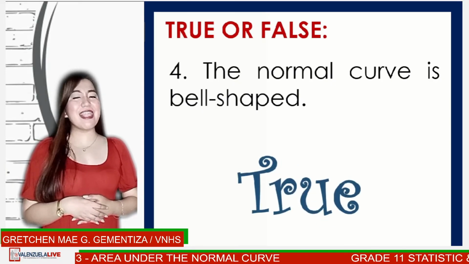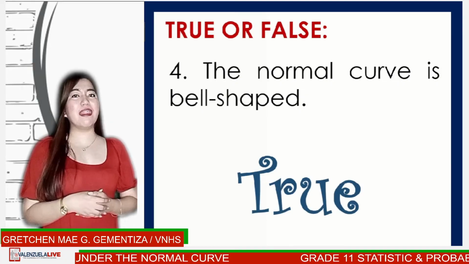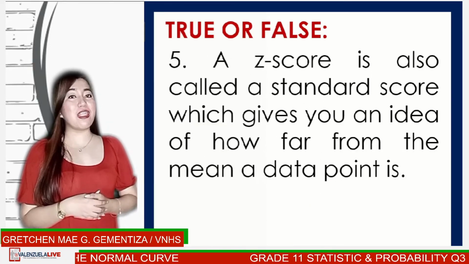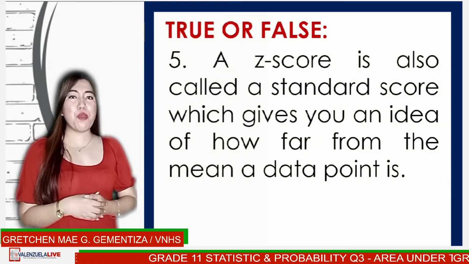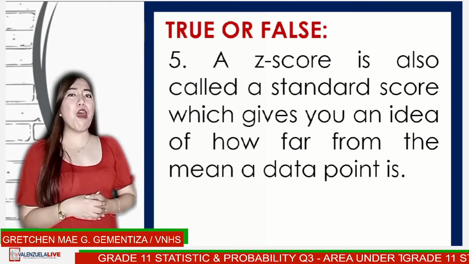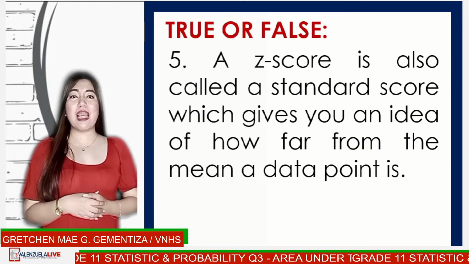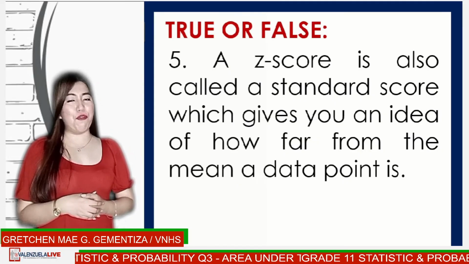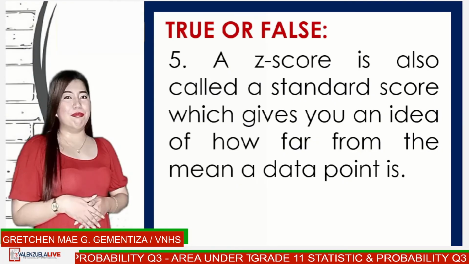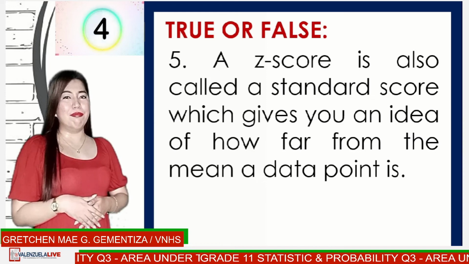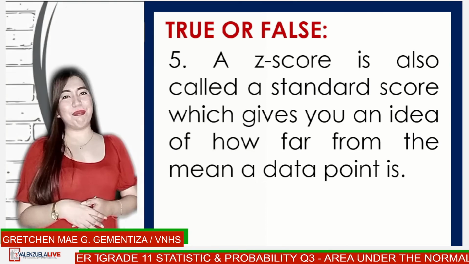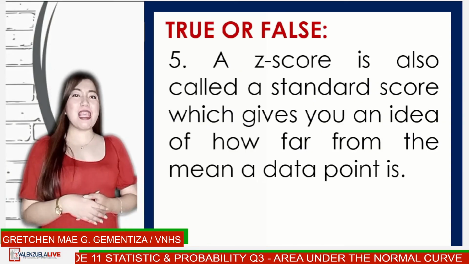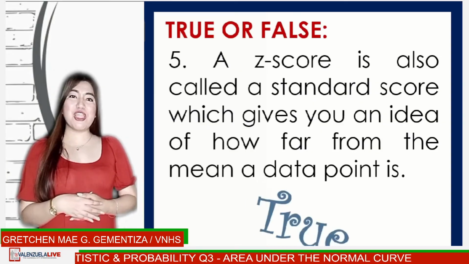And last, number 5 statement, a z-score is also called a standard score, which gives you an idea of how far from the mean a data point is. Your 5 seconds starts now. Definitely, statement number 5 is true.